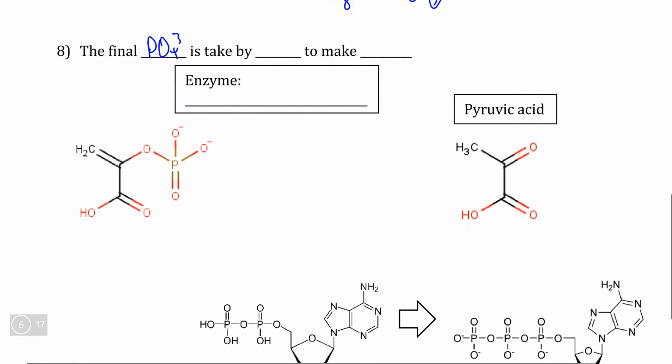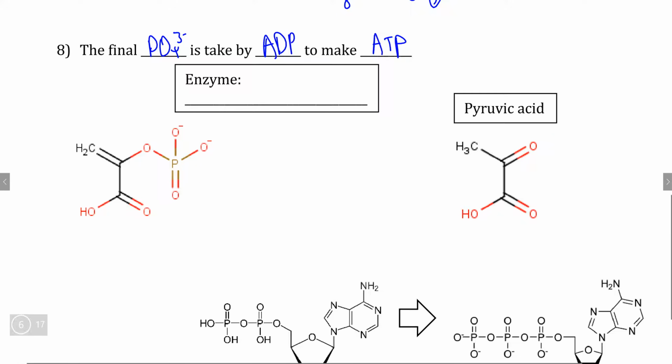So the final phosphate here is once again taken by ADP, in order to make ATP once again. So yet again, we have another example of a kinase enzyme here. And the kinase enzyme here is what we call pyruvic acid or pyruvate kinase.